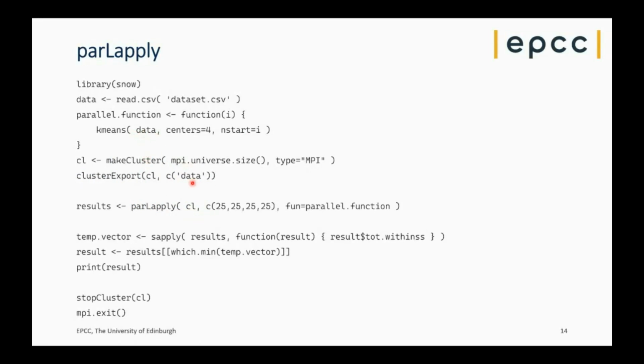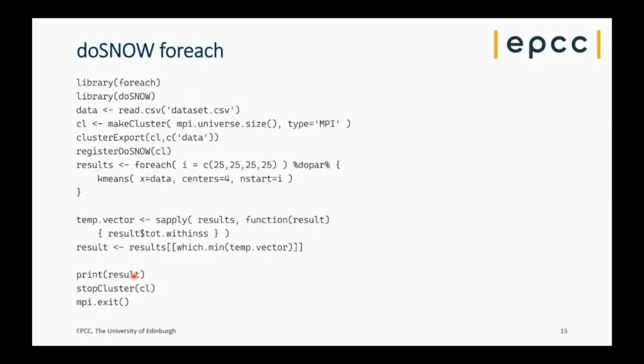Okay, the data has already been exported, so all the workers have a copy of the data, and this may not be the most efficient way of doing it because you may not want to give everybody a full copy of the data. You may want to partition it, for instance. But after that, it's all fine. We can use it as normal, and at the end, we just shut down our cluster, finish the MPI, and that should go off and work.